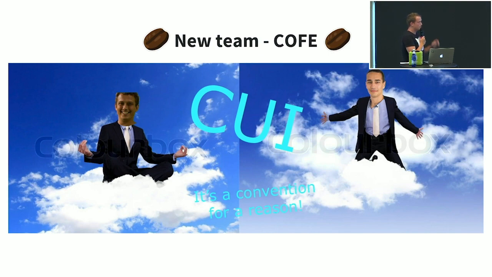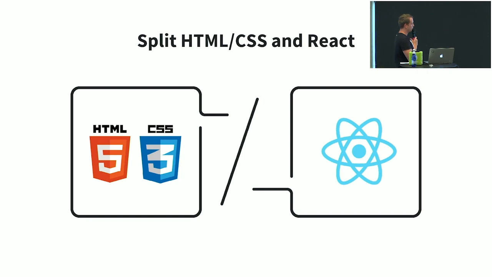And before doing that, we analyzed what we wanted to improve and made sure that all of it would work forever, the Convention UI. So let's see what we wanted to do. First we wanted to split the HTML and CSS part and React.